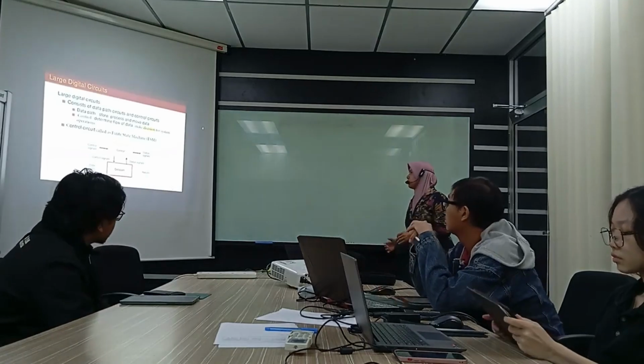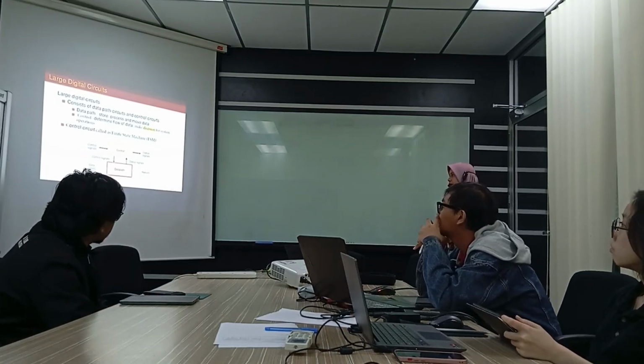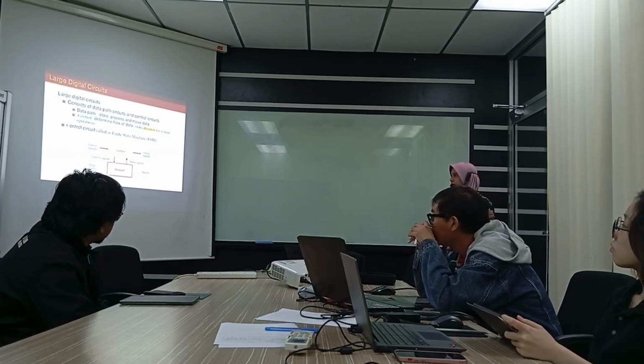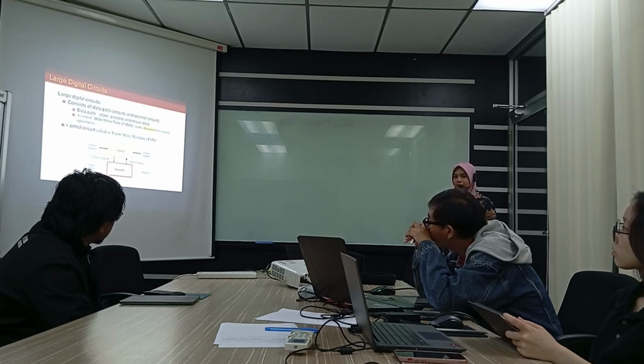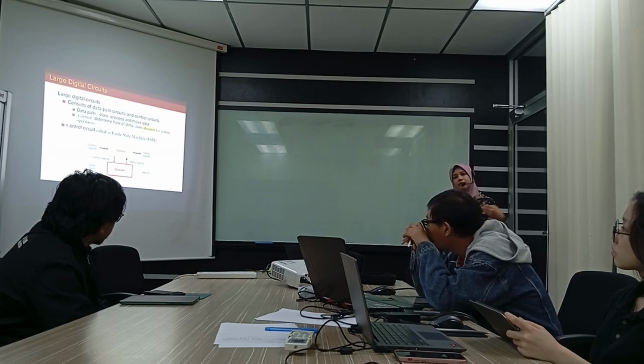Which we call the data path unit and the control unit. The data path unit is the one that will do the operation. For example, when you design the vending machine, the data path unit is the part that will receive the coin. When you insert the coin, it will go to the data path.